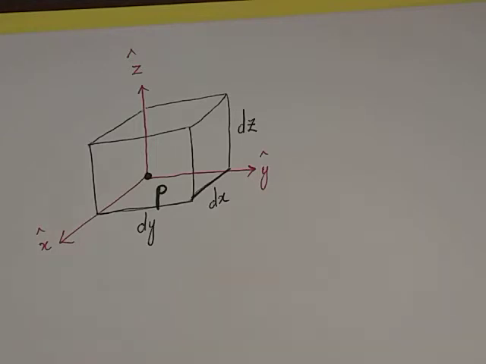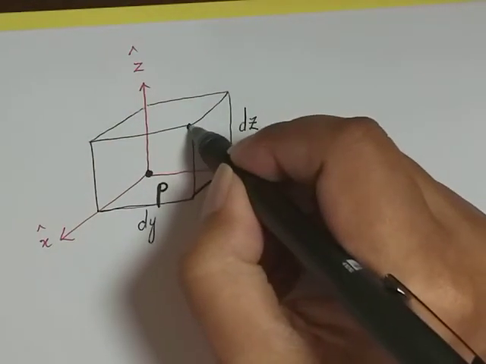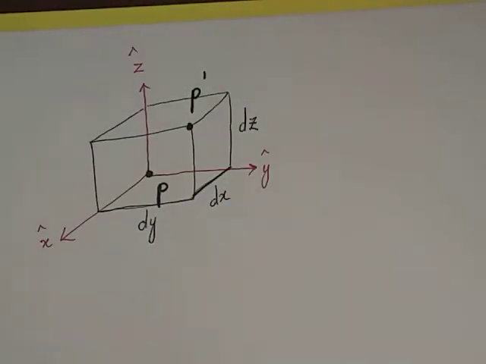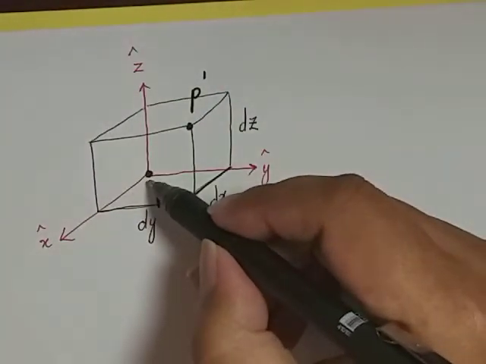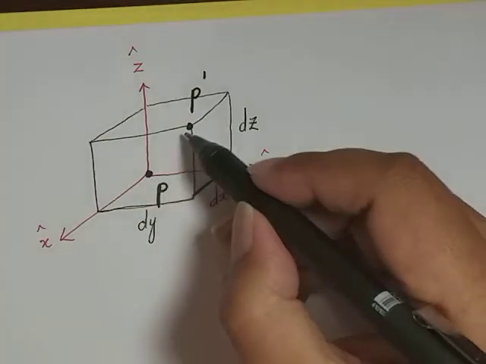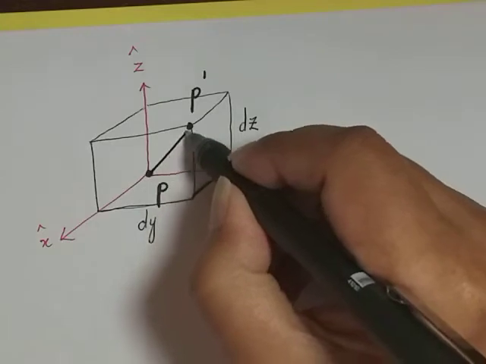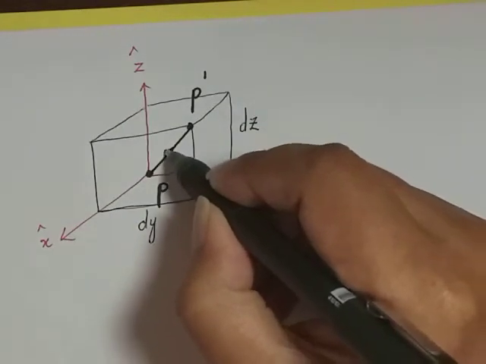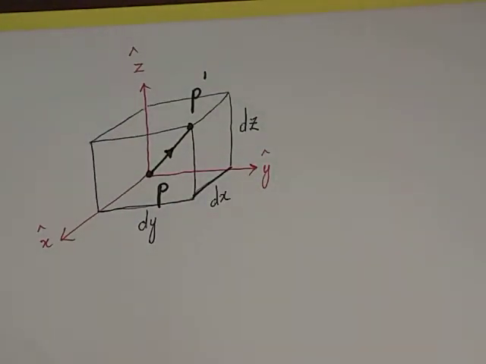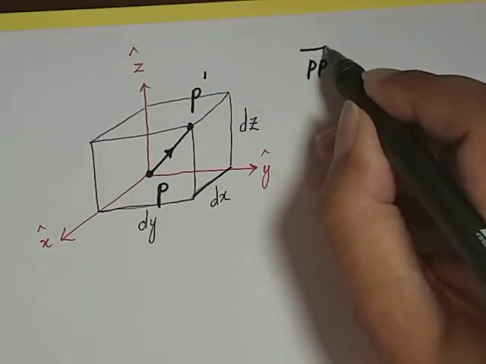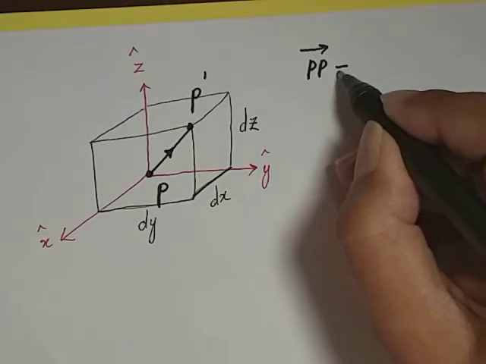If we take the worst case scenario, where the point P is now shifted to P prime here, remember we have two points in space, P shifted to P prime. We can define this to be a vector.